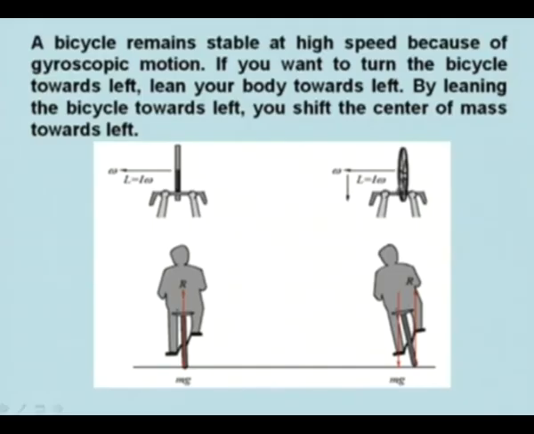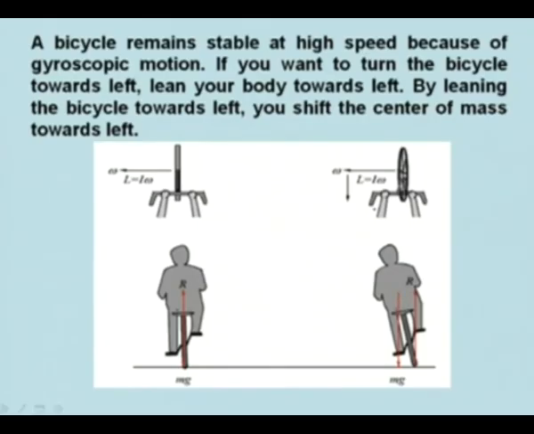By leaning towards left, you shift the center of mass towards left. So you generate a couple mg. The couple is generated in the anti-clockwise direction. That couple vector is now directed towards you.